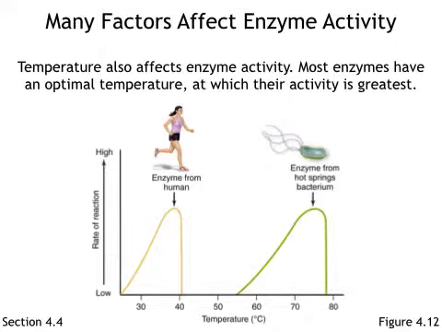So most enzymes have an optimal temperature at which their activity is greatest. So here, the enzymes in our human body function most optimally at body temperature, which is 37 degrees. Whereas the enzyme from a bacteria that lives in a hot spring, because the temperature that bacteria lives in is super hot, the optimal temperature for the enzymes in that bacteria is going to be way higher.